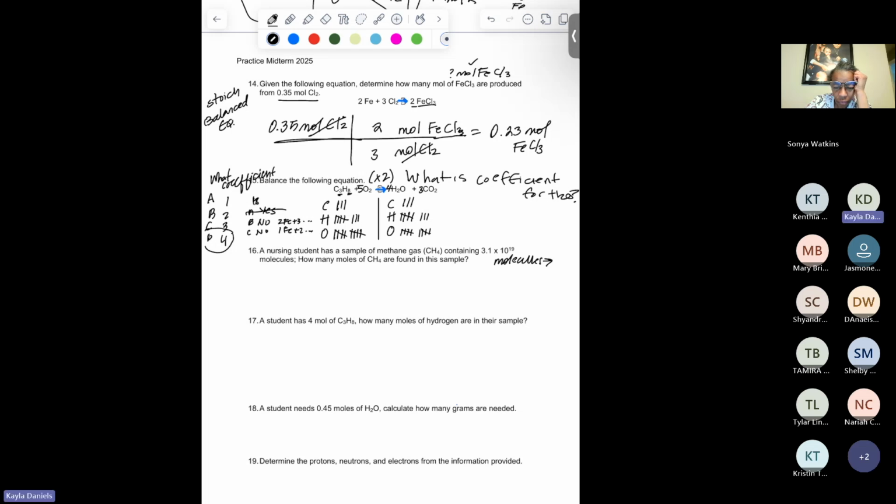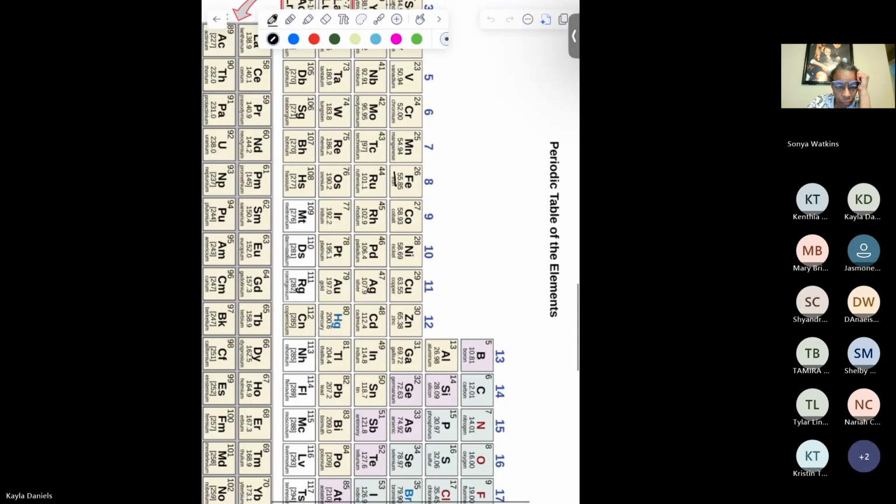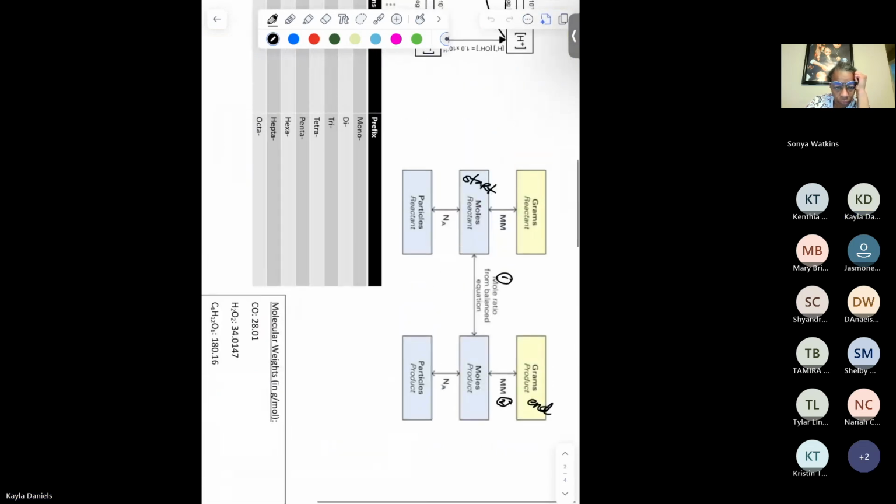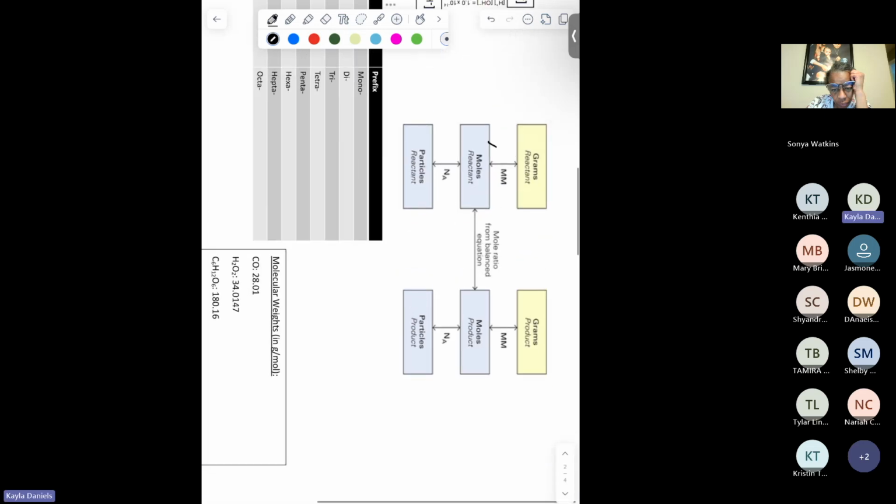So we want to go from molecules to moles. Let's go to the reference sheet. We're staying within the same compound, so we can still look at the stoichiometry sheet. We're just going to look at one side of it. I know this says particles, but we can substitute the word molecules here.